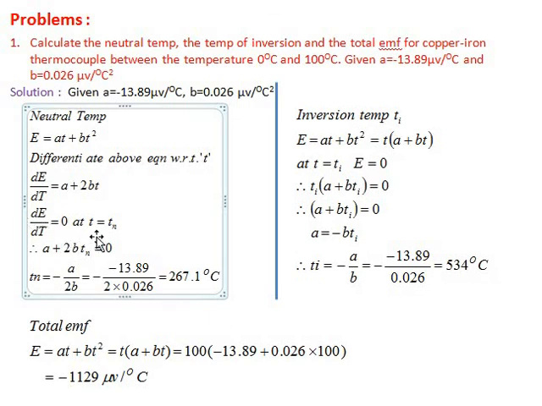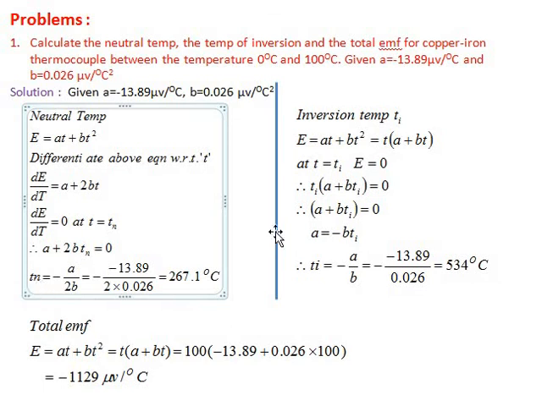Therefore, at t is equal to Tn, dE by dt is equal to 0. So a plus 2b Tn is equal to 0, therefore Tn is equal to minus a divided by 2b. The minus gets cancelled because a is equal to minus 13.89, so it is equal to 287.1 degree Celsius. We found Tn, the neutral temperature.